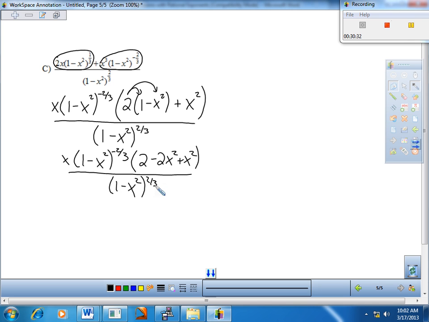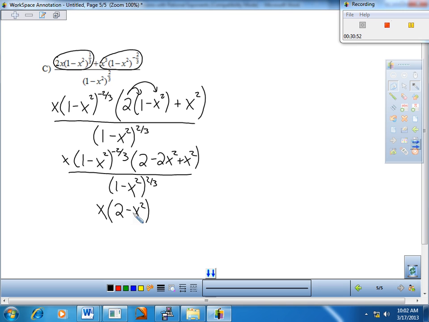All right. Let's do a couple things here. The x is just happy as can be. It's not doing anything except just being a factor by itself. And then let's see inside here, I've got the 2, and I'm seeing minus x squared. Negative 2x squared and 1x squared make negative 1x squared. That's looking great.